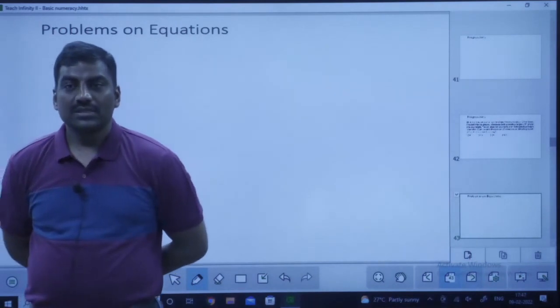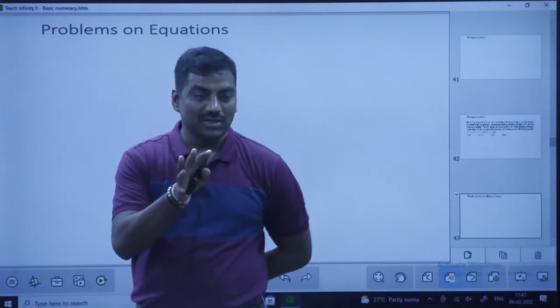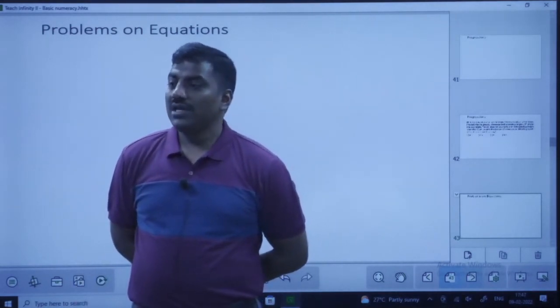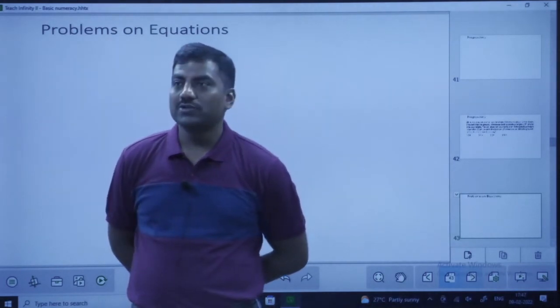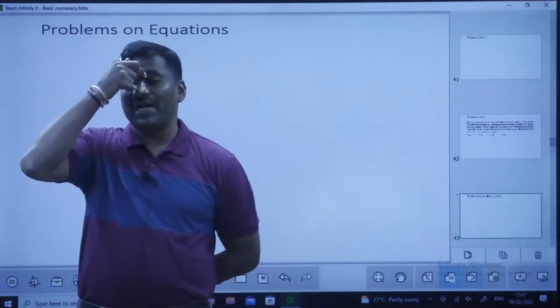Otherwise, the solution will be partial. You don't write this, okay? For example, you have three variables, but if you construct only two equations, you will not get the solution for all the variables. Okay. So while writing the equation, be mindful.